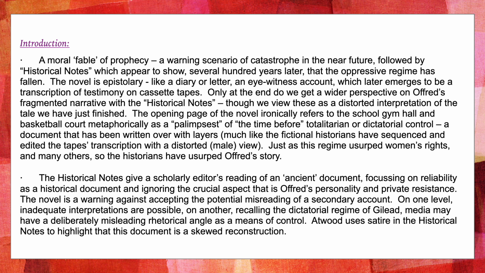On another, recalling the dictatorial regime of Gilead, the media might have a deliberately misleading rhetorical angle as a means of control. And Atwood therefore is using satire in the historical notes to highlight that this document, the whole thing that she's written, is being cast in the light of being a skewed reconstruction of simply listening to the moral purpose of Offred's testimony.